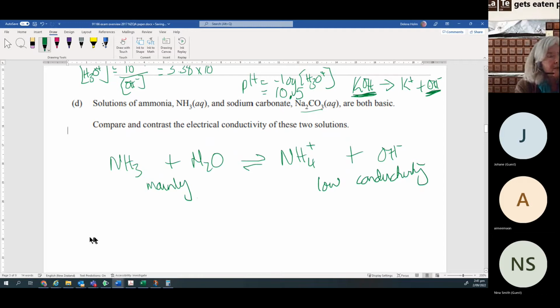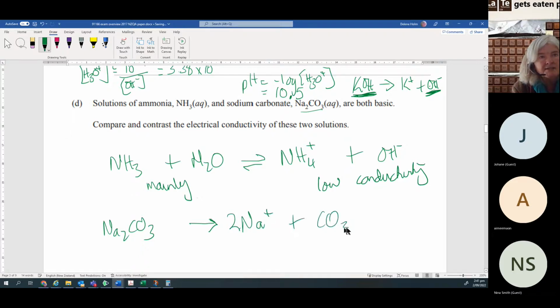Then the other one is the Na2CO3. What happens with this one is it goes completely, a salt always dissolves completely. So we're going to have 2 Na plus and CO3 2 minus. Hopefully you can see there's my salt. I'm going to have a metal cation, and please don't say Na2 cation, it's Na plus.